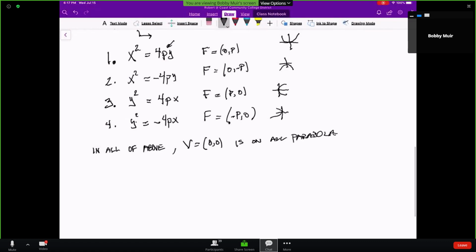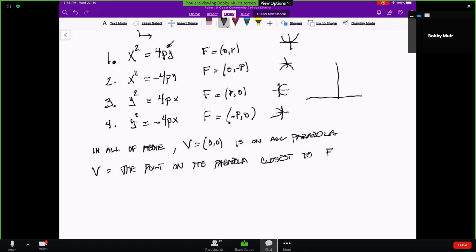Now, there's many ways that we can characterize what the vertex is, but in general, V equals the point on the parabola, so (0, 0) is the point on the parabola which is closest to F, the focus.